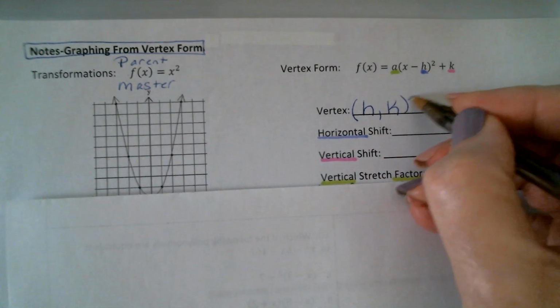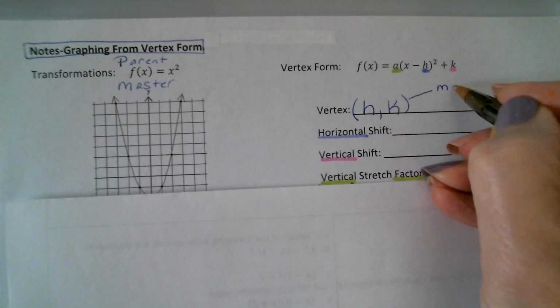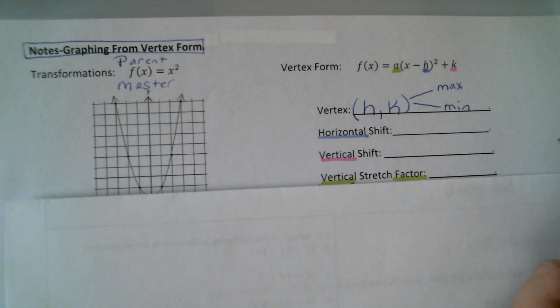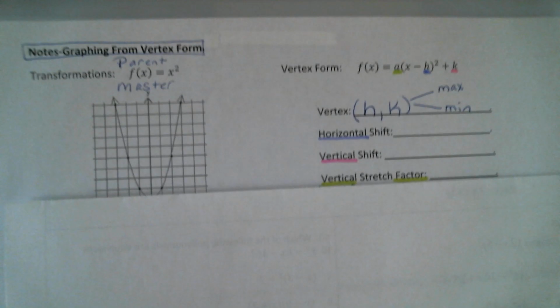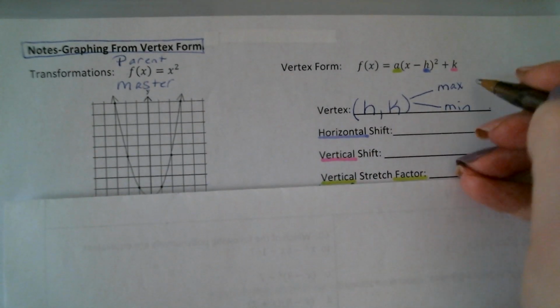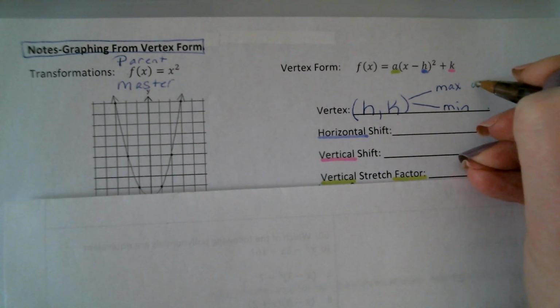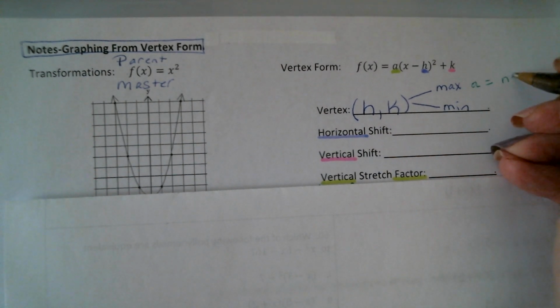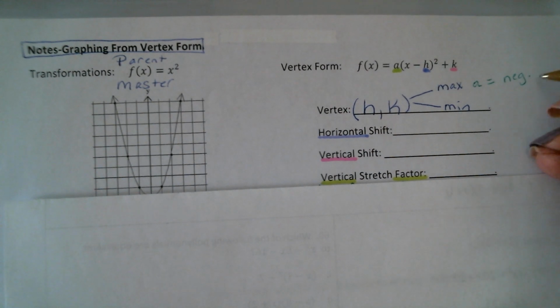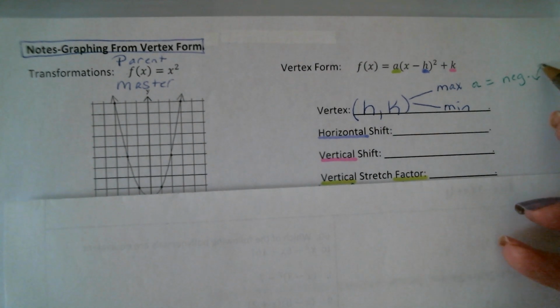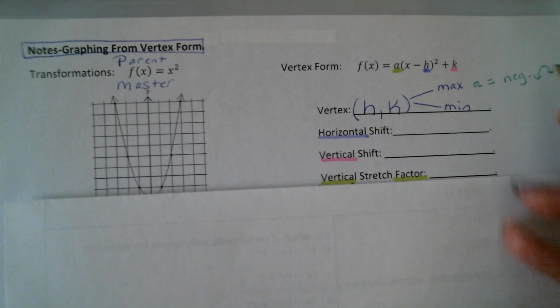And we should be able to tell whether we have a maximum or a minimum based on what value? Well, the a value. If a is negative, it means we have a reflection like this, and our vertex is the highest y value, so it's a maximum.